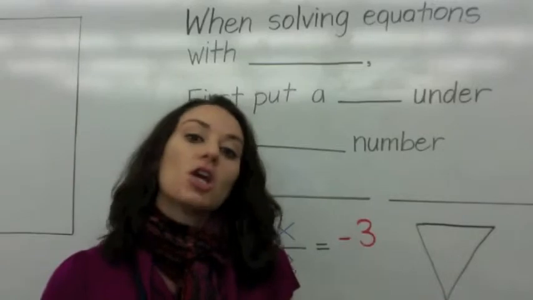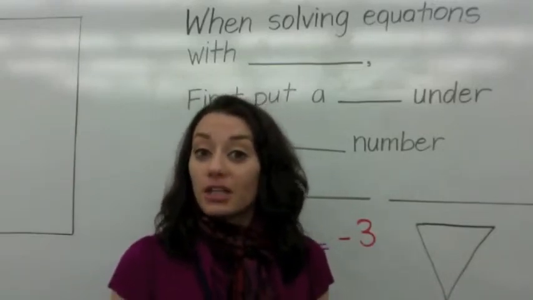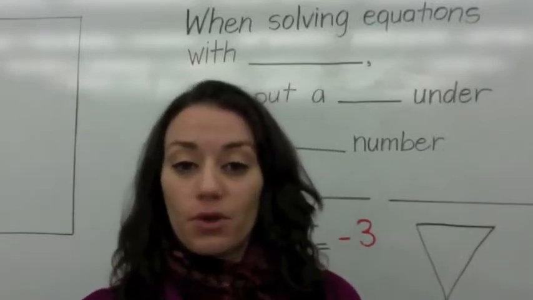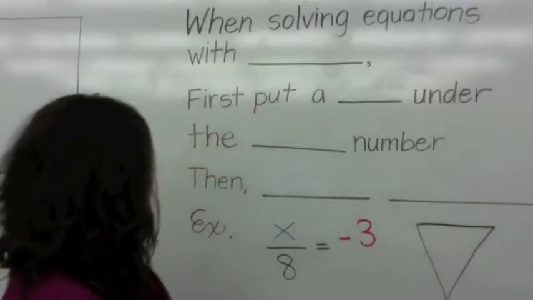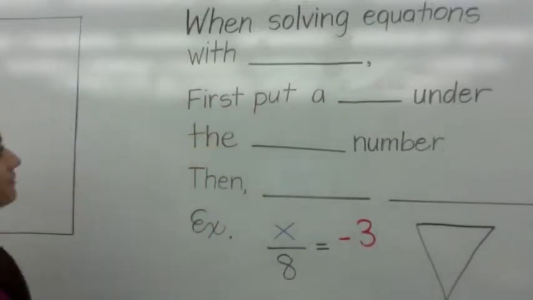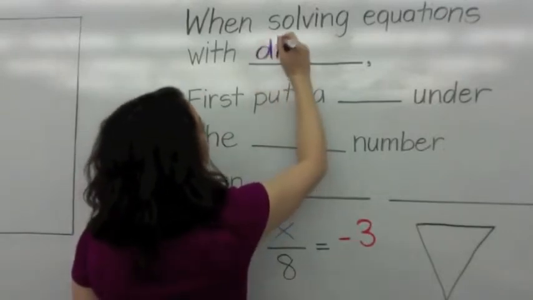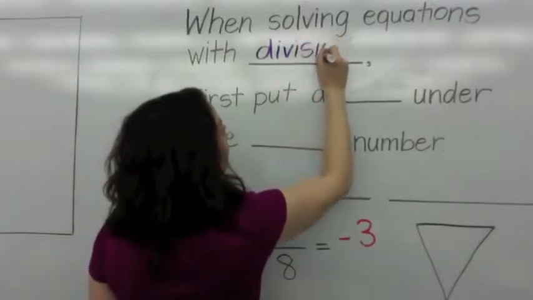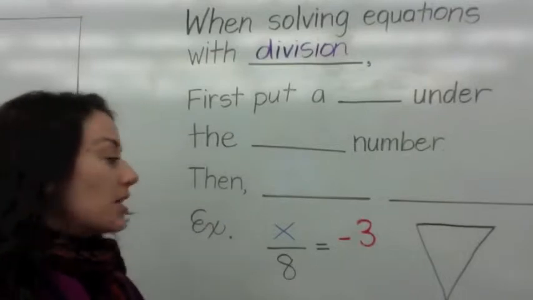Very good. Now that you're familiar solving equations with multiplication, today we're going to learn how to start to solve equations with division. Again, division is going to look like this.